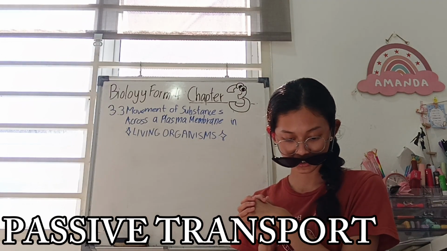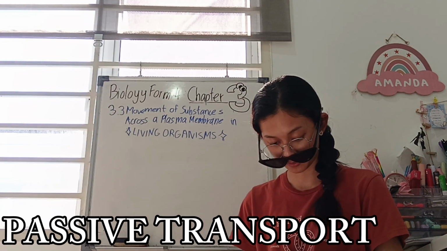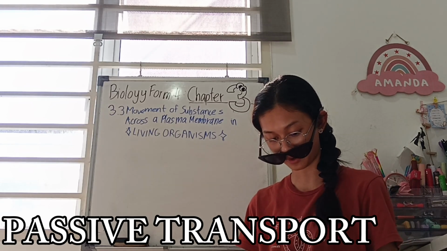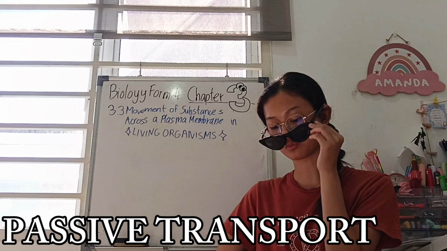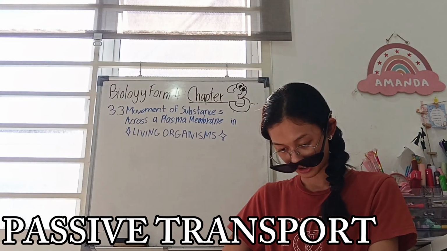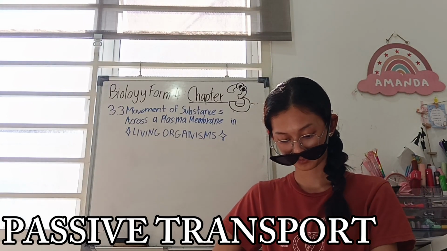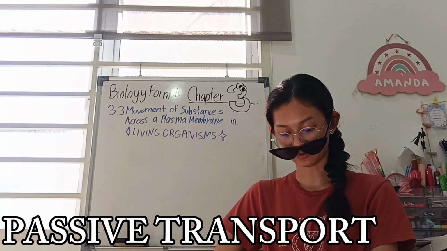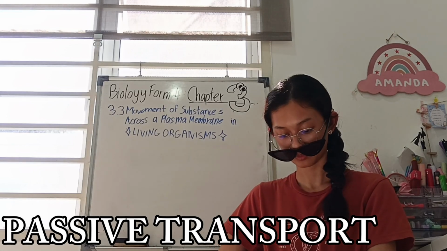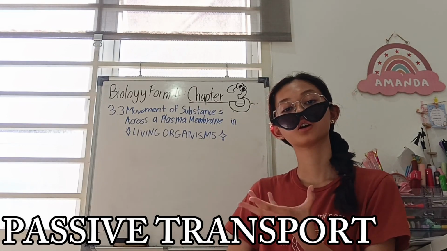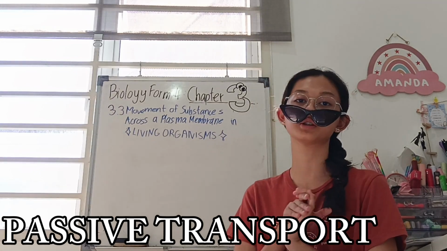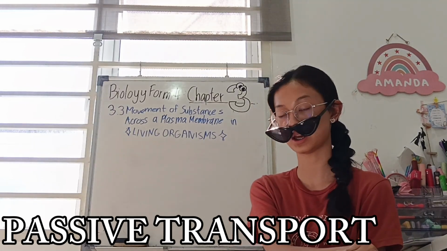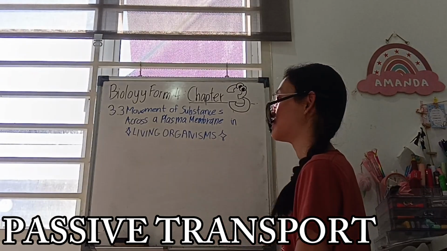And then the last point, absorption of fructose molecule in the villus by facilitated diffusion. So the fructose molecule inside your intestine, there's this thing called the villus. The fructose will get absorbed through facilitated diffusion. That means it's helped by proteins at the plasma membrane.